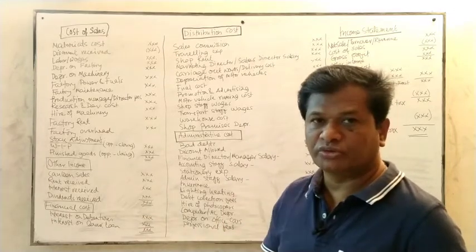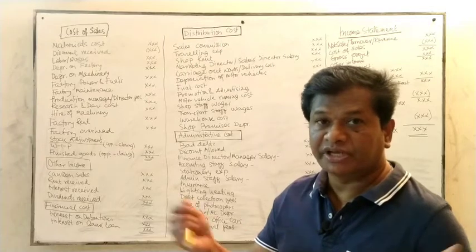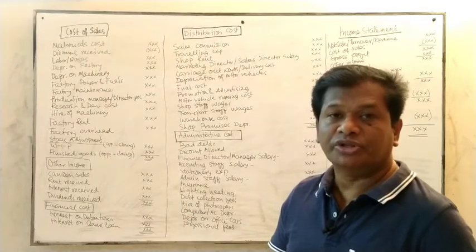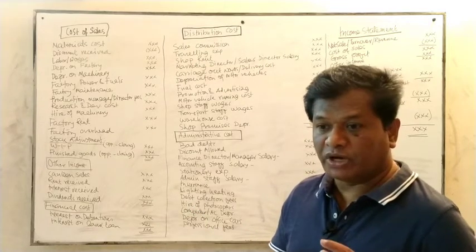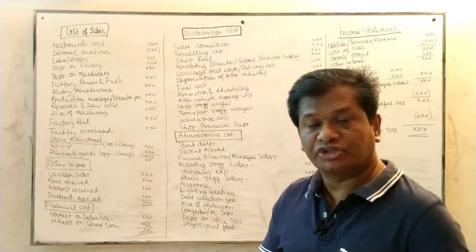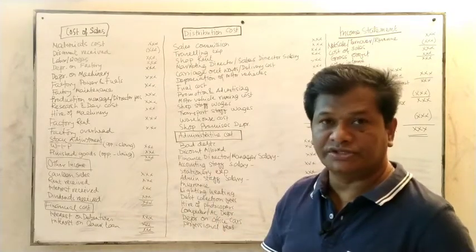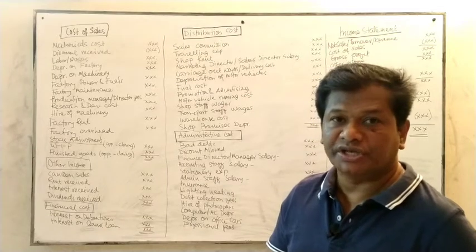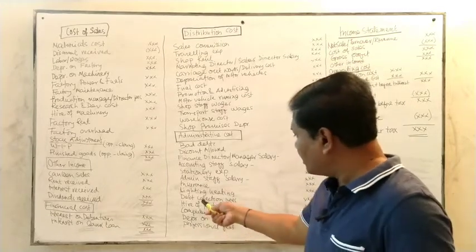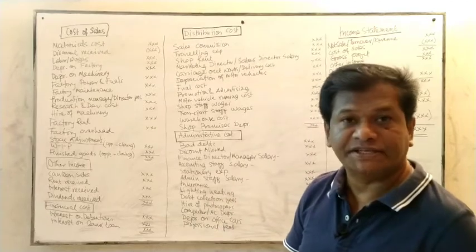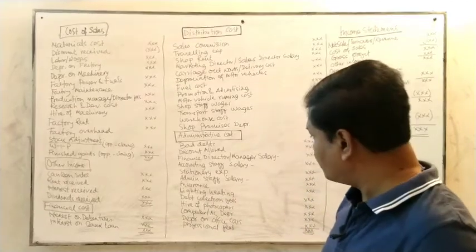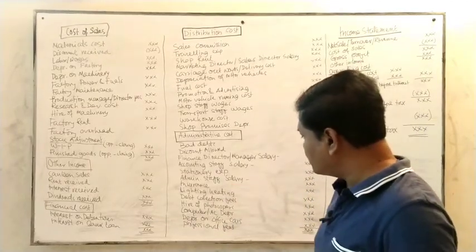That person takes the responsibility of collecting money from the customers. So their fee is to be called a debt collection fee to the agent. That is one of the expenses for the administration.